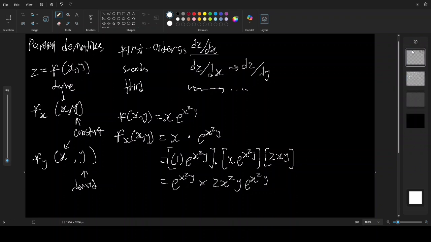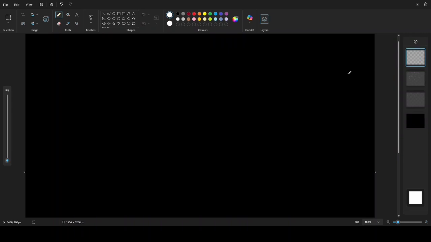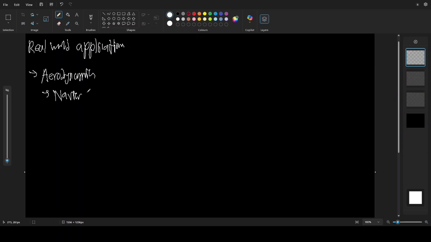And relating to this, real world applications. The aerodynamics, Navier-Stokes equations.